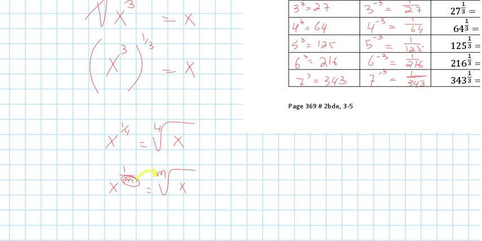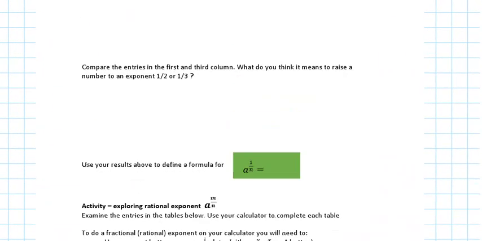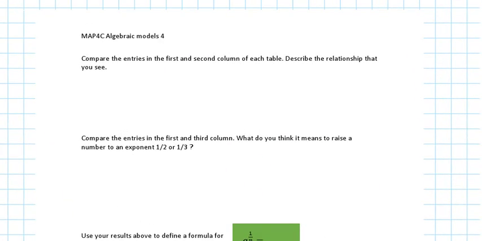Let's write things down. So, to compare the entries in the first and second column of each table, you told me that the negative exponent is the reciprocal of the positive exponent.